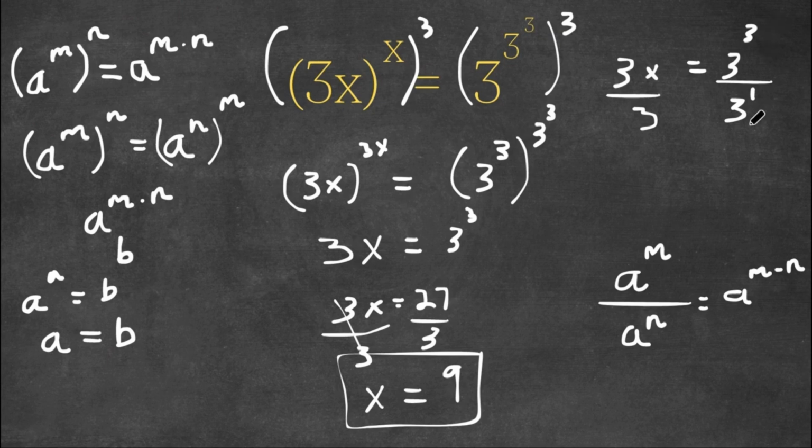So 3 to the power of 3 over 3 to the power of 1 is equal to 3 to the power of 3 minus 1, which is simply just 3 squared. And for our left hand side, these cancel out, and we get x is equal to 3 squared, and 3 squared is 9. So we get x is equal to 9. So that's our second way.